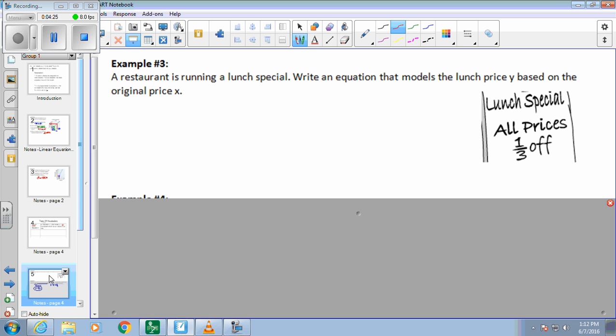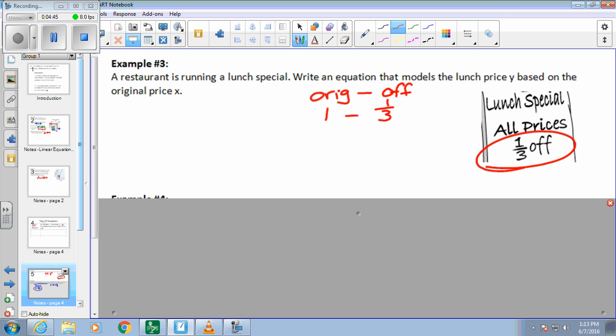So we come back over here, and if they say lunch special, all prices are 1/3 off. Going back to our percents unit, if the original amount is 100% or 1, and it's 1/3 off, this is the amount that it's going to be off, is 1/3.